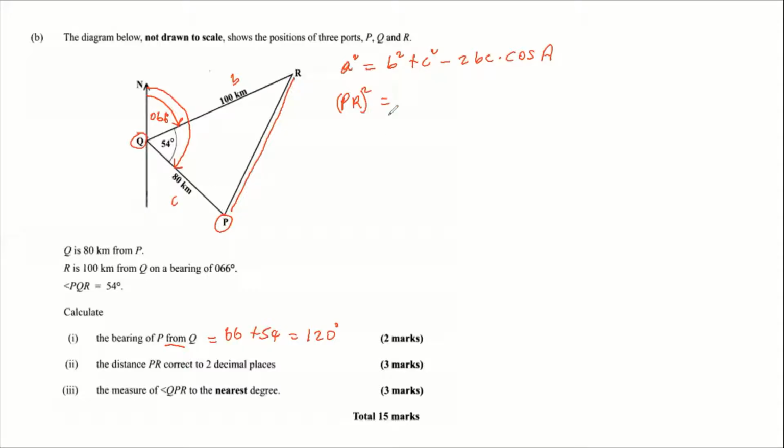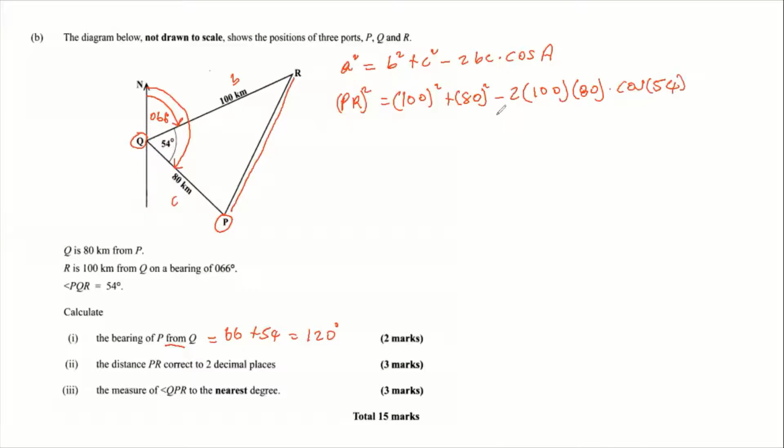So if you fill that out, it's going to be 100 squared plus 80 all squared minus 2 times 100 times 80 times the cos of the angle that is given, which is 54 in this case.